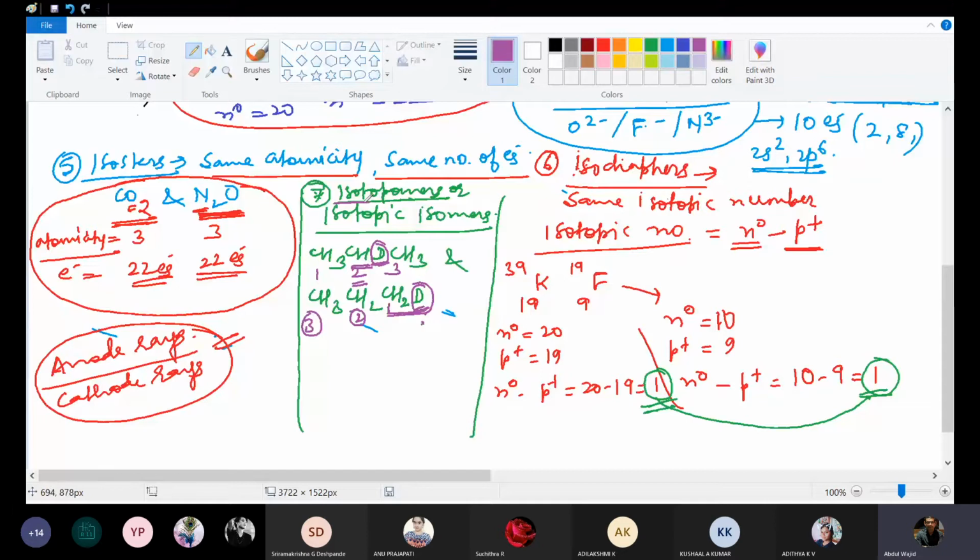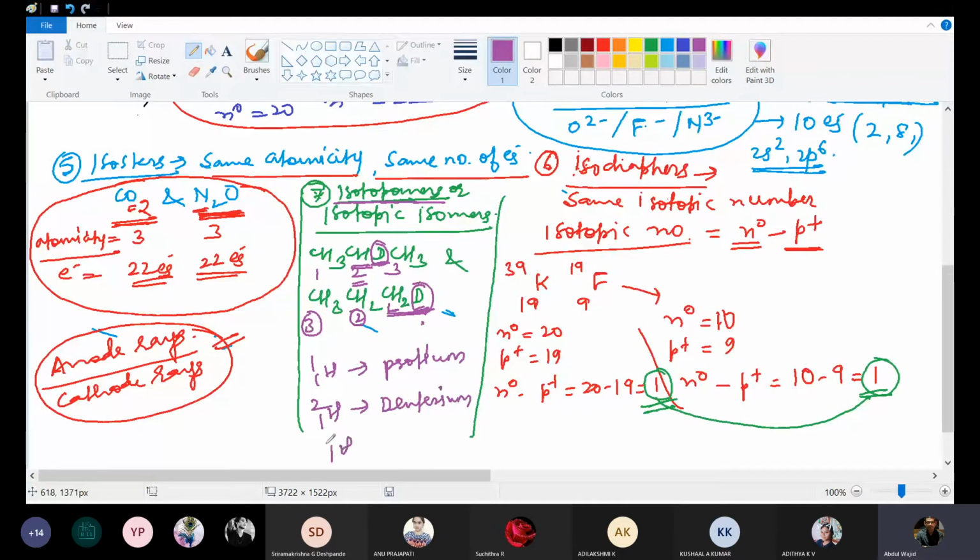Are you getting my point? What is the meaning of isotopomers or isotopic isomers? The number of isotopes is the same, but their positions are different. These two are isotopes, deuterium and protium. 1H1 is protium, that is light hydrogen. 1H2 is deuterium, that is heavy hydrogen.